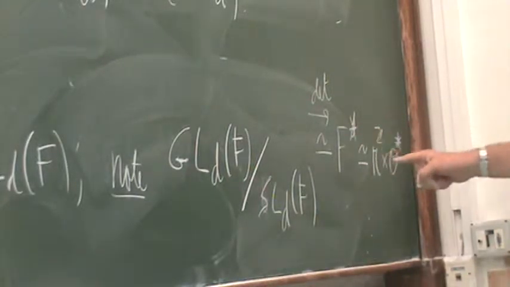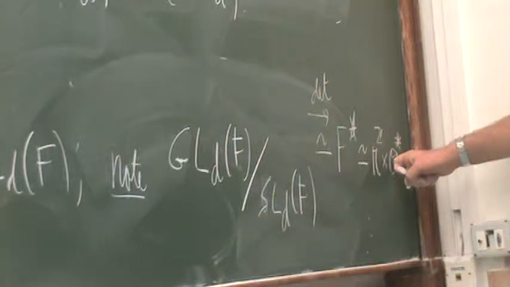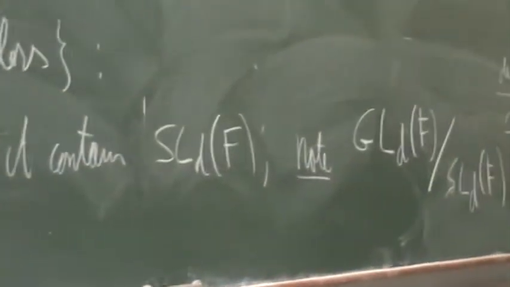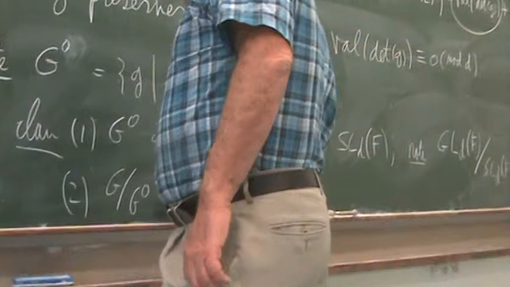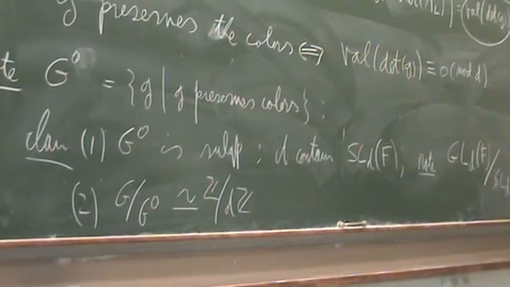If the determinant of some element is pi to the r times an invertible element in O star, then the valuation is exactly r, and the color is r modulo D. So you see from here that the image of G0 is exactly the subgroup of index D here, so we can conclude that G over G0 is isomorphic to Z over DZ. It's a normal subgroup, and the image is exactly Z mod DZ.